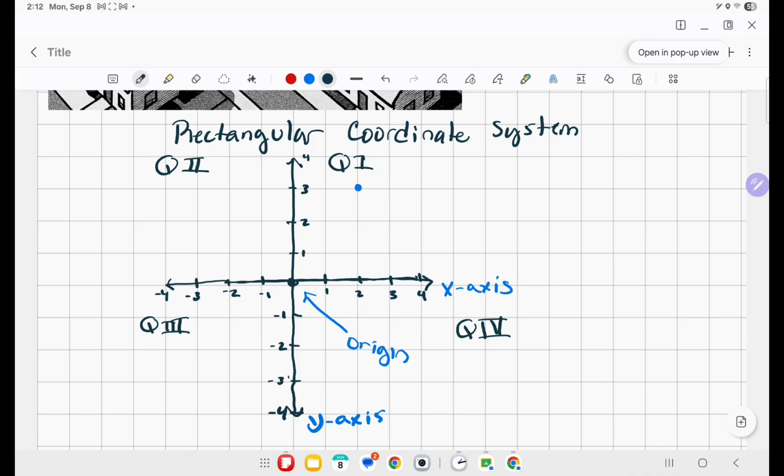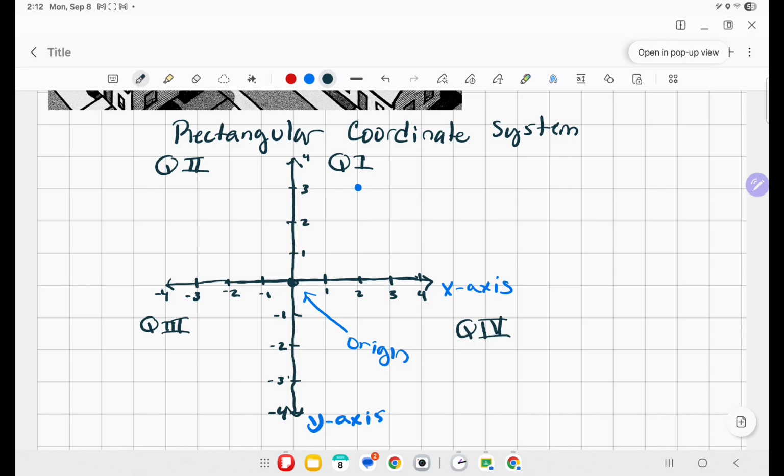You have 4 neighborhoods when you're looking at the rectangular coordinate system. All right, this plane is divided into 4 neighborhoods, and they all have certain characteristics. Now, everybody got the 4 quadrants on there?